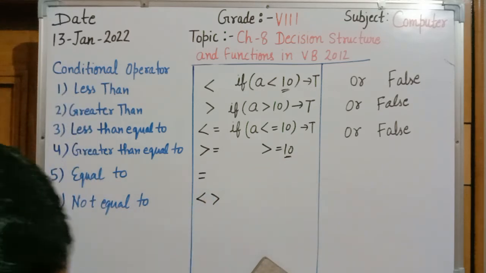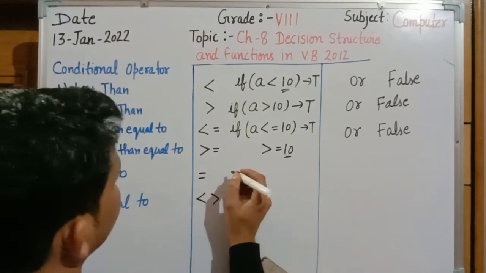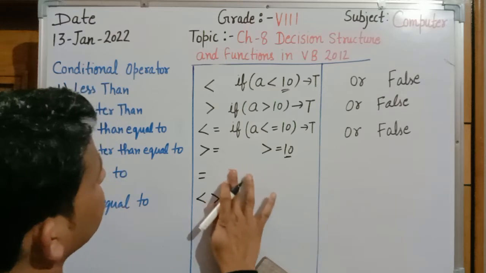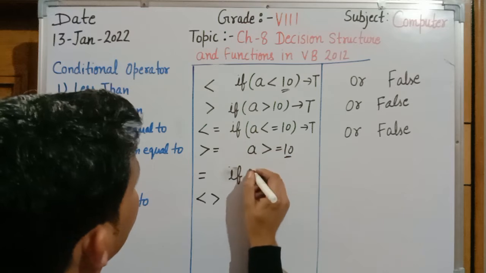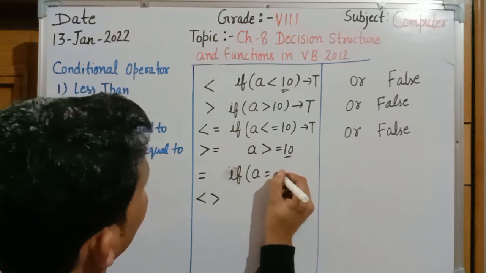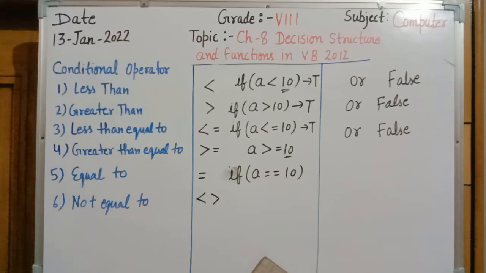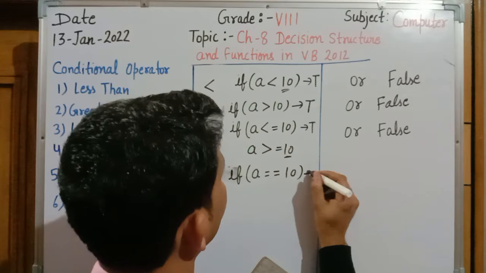The next one is the equal to operator. The equal to operator can be expressed by the double equal to sign. If we are writing if a == 10, double equal to means the value of a is exactly equal to 10, then the result will be true.